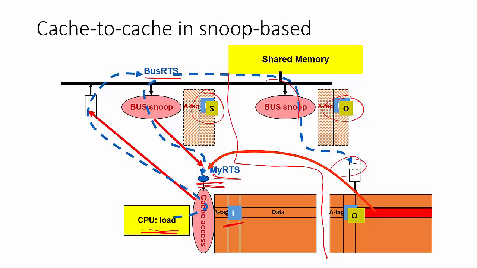The result is that when the data comes back, the my RTS pill will go back, and you can continue with the data. Now the end result is that the cache is in shared state here, owned state here, and the obligation state and the permission state are all the same.